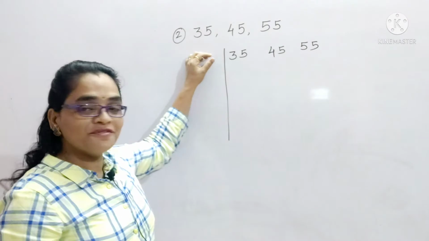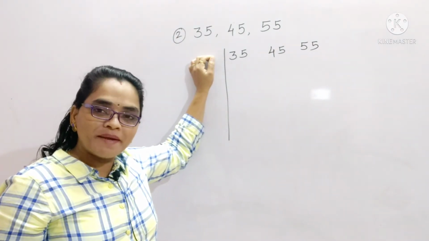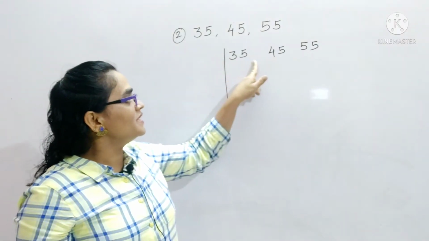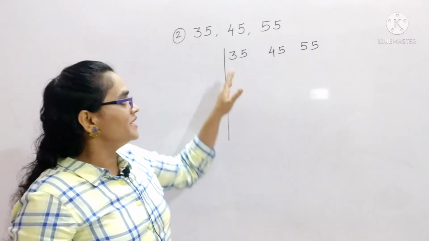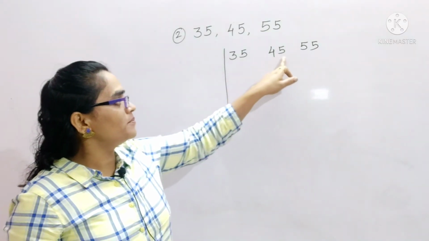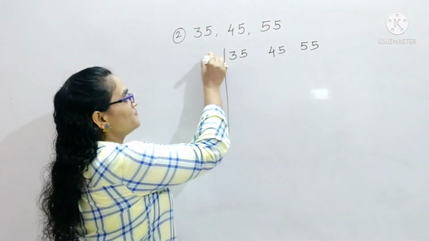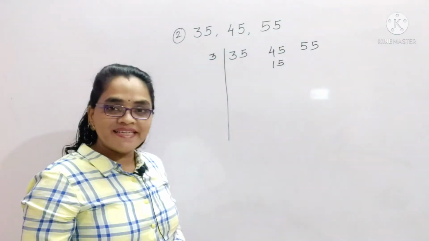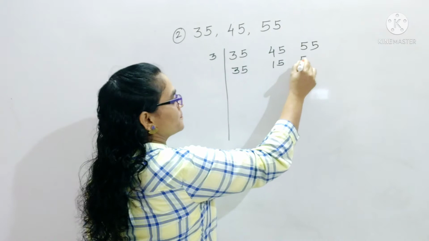First we have to start as usual from 2, means smaller prime numbers to greater prime numbers, whichever is divisible. 2 is not divisible to any number here. All numbers are odd numbers. Then check by 3. 3 plus 5 is 8, 5 plus 4 is 9, 5 plus 5 is 10. 45 is divisible by 3. Then 3 1s are 3, 3 5s are 15, and undivided numbers write down as it is to the second row.